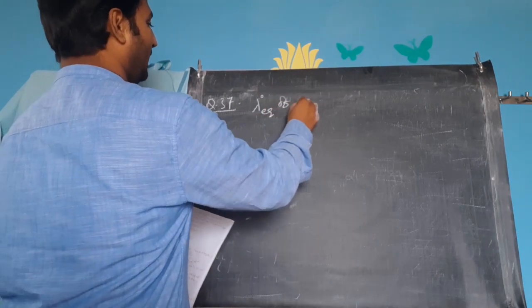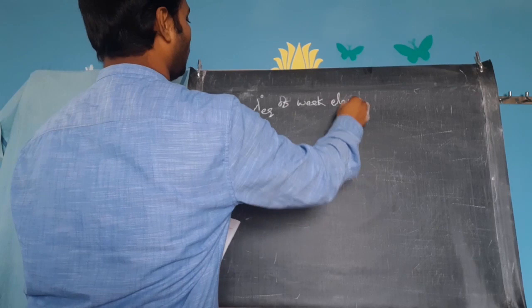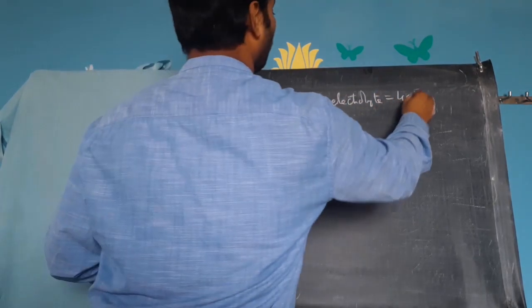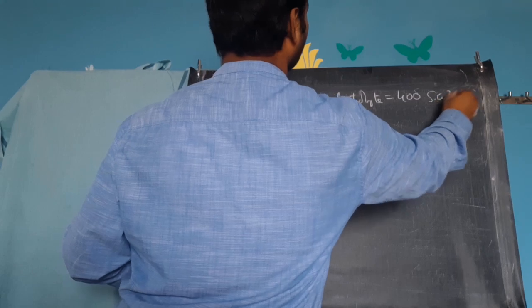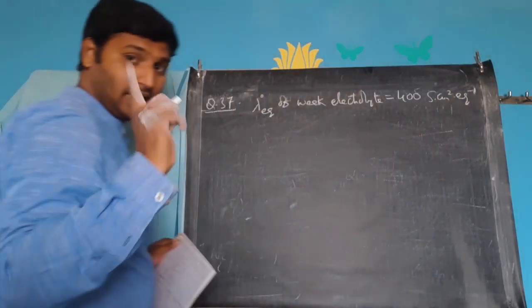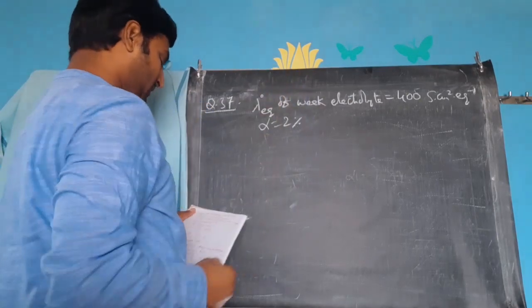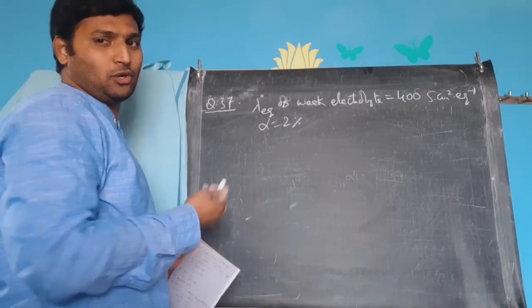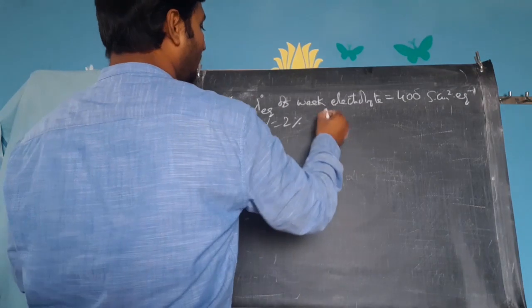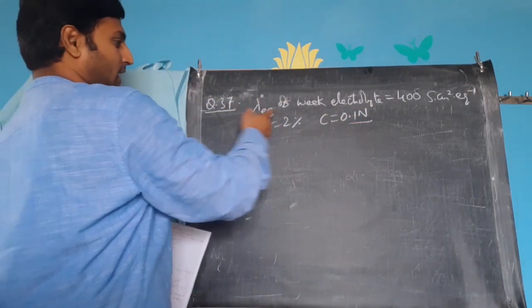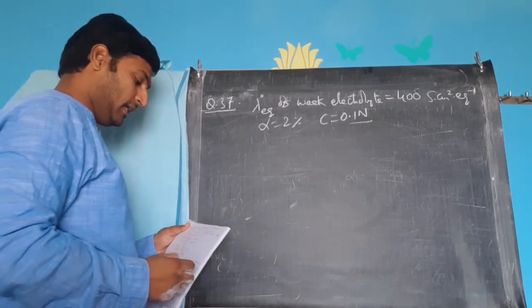Limiting equivalent conductivity of a weak electrolyte is given as 400 Siemens centimeter square equivalent inverse. Again, CGS units. Alpha is given as 2%. In terms of fraction, it will be 0.02, of course. Concentration is given as 0.1 normal, because it is equivalent conductivity, he should give you normality.